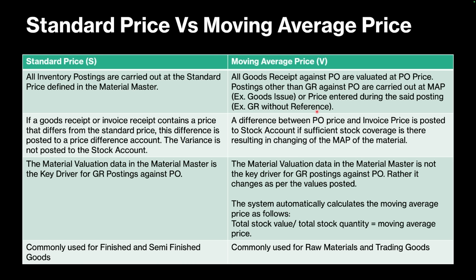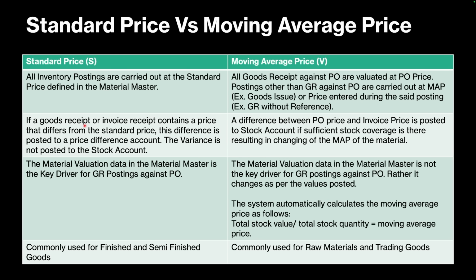Okay, so you can see this particular line is very important, that all goods receipts against a purchase order shall be evaluated at the PO price. Then you can see here, if a goods receipt or invoice receipt contains a price that differs from the standard price, then the difference will be posted to something called the price difference account. As we discussed, when you do a goods receipt against a purchase order, if that purchase order has a price which is different from the standard price of the material master, then the system will not consider that PO price.